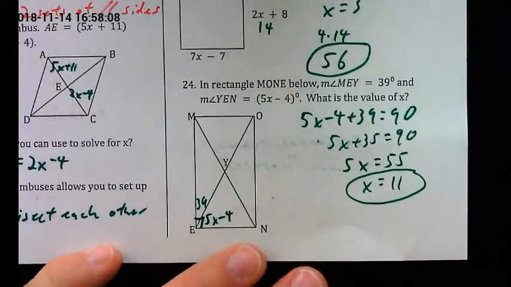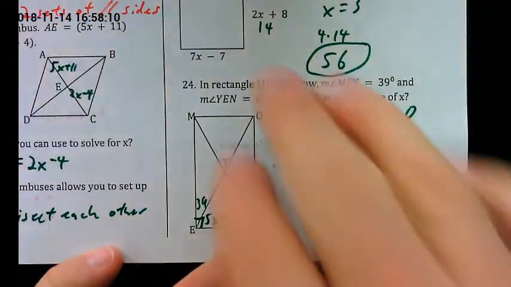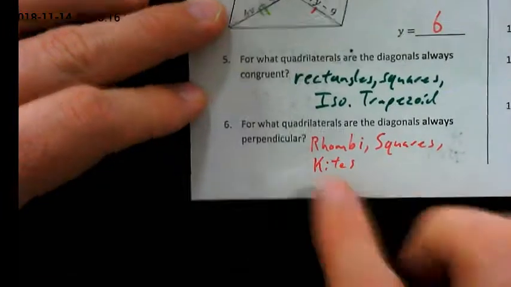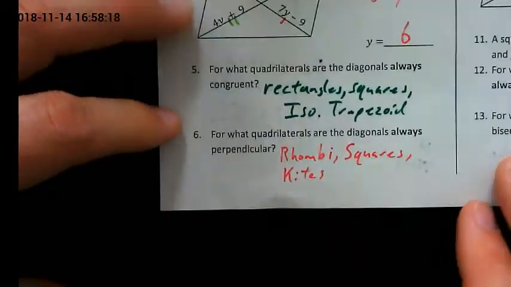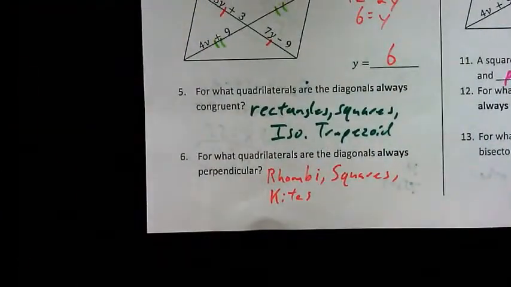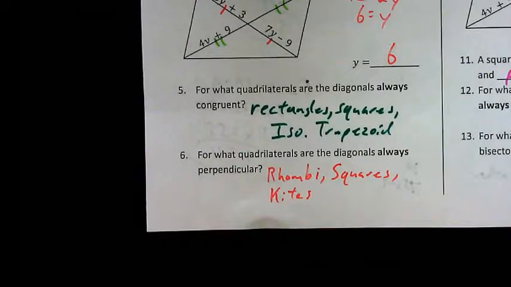So, yes. Number 6. Now, 6 was rhombi, squares, and kites. The only thing that was not represented on this worksheet, that again, you will see on the test, is probably some of the stuff dealing with the coordinate plane, where you had to find slope and things like that.